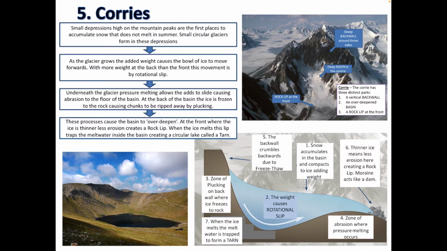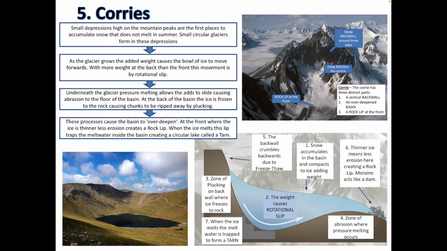And underneath the glacial ice, the pressure causes some of that rock to melt, which helps the sliding. But any rock that has been caught up from freeze-thaw weathering in that glacier is going to be ground around that corrie and make it deeper through the process of abrasion.